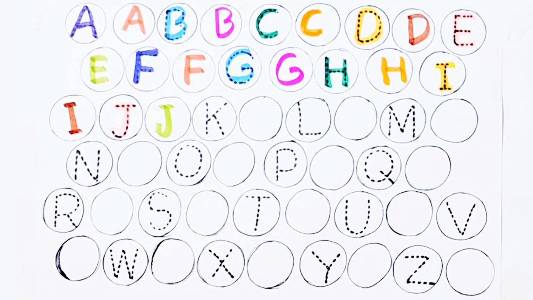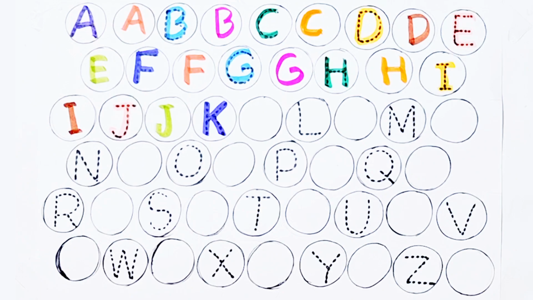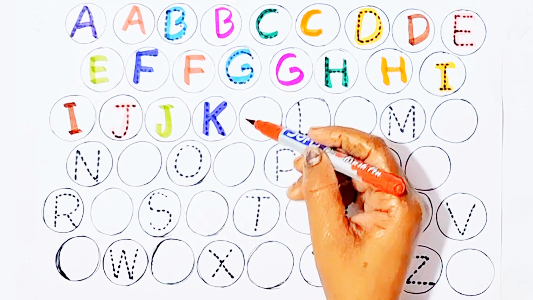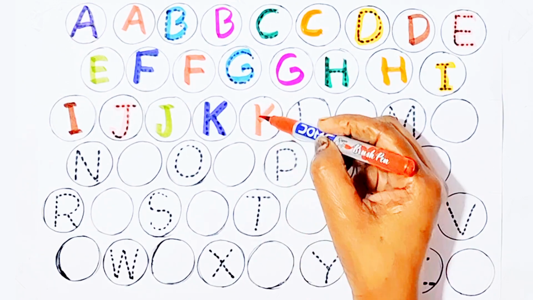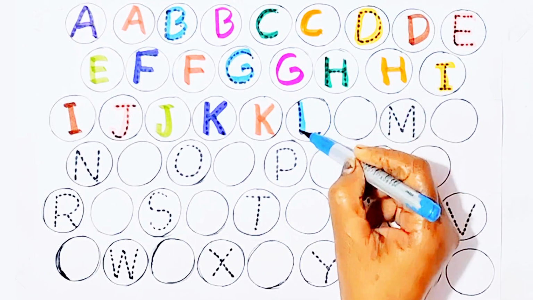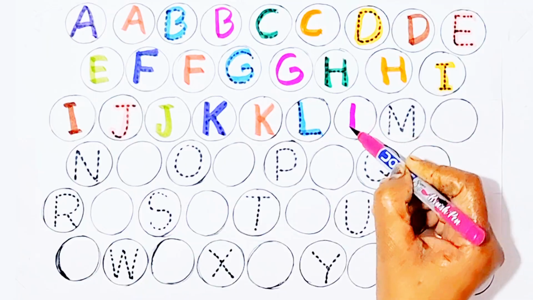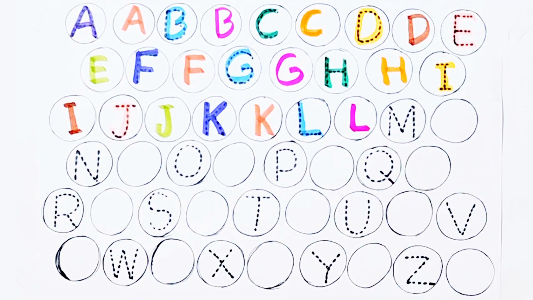Old MacDonald had a farm, E-I-E-I-O. And on his farm he had a pig, E-I-E-I-O. With a here and a there, here a, everywhere. Old MacDonald had a farm, E-I-E-I-O.